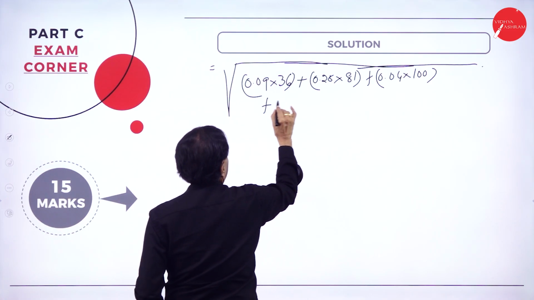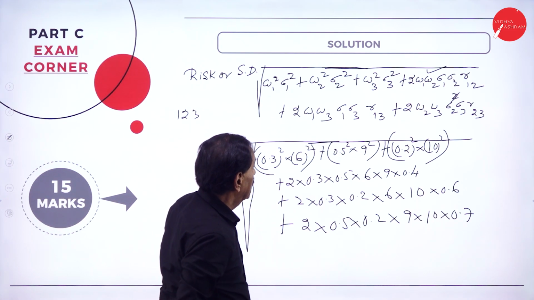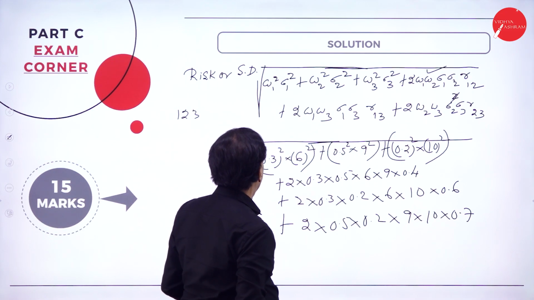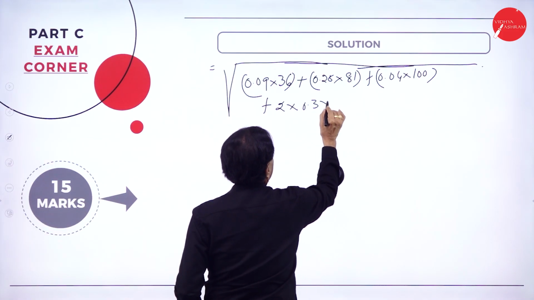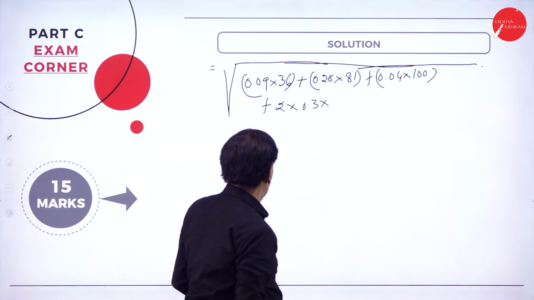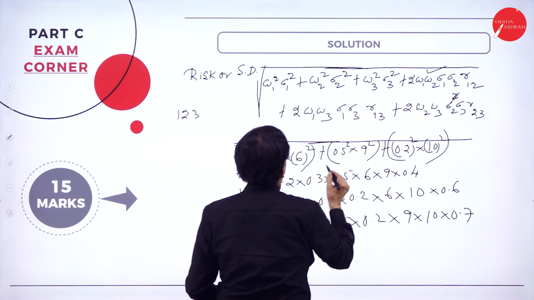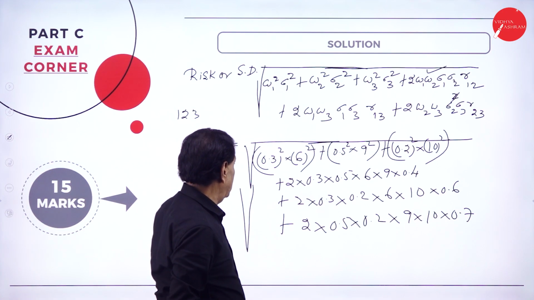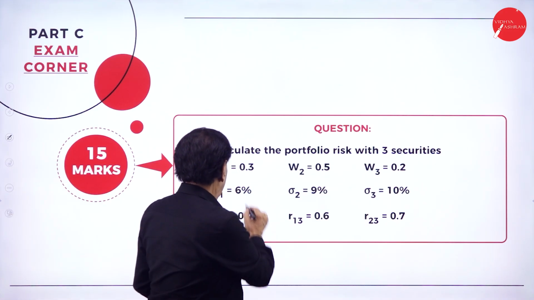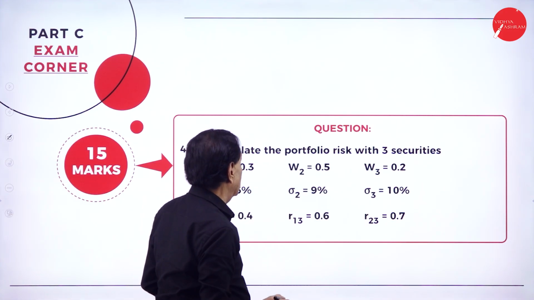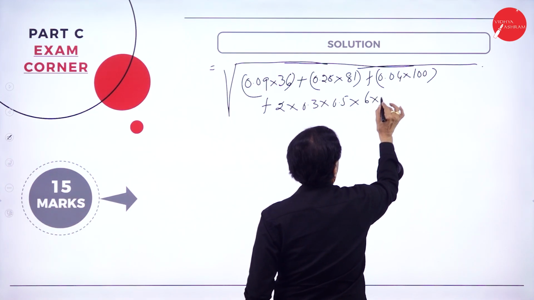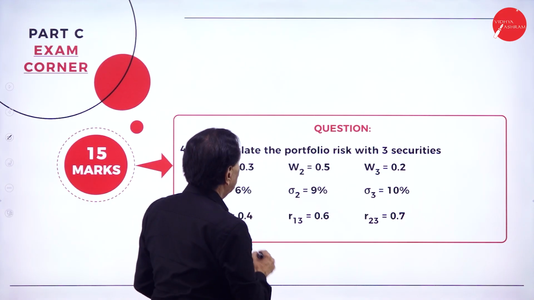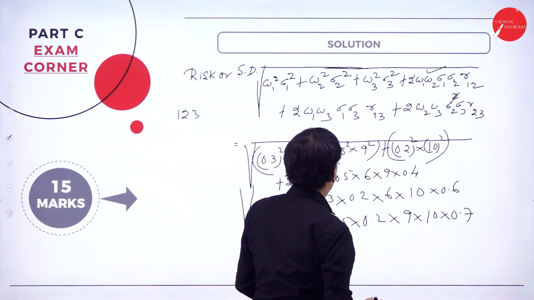Plus 2 into W1 0.3 into W2 0.5 into standard deviation 1, 6, standard deviation 2, 9, into correlation 1,2, 0.4.